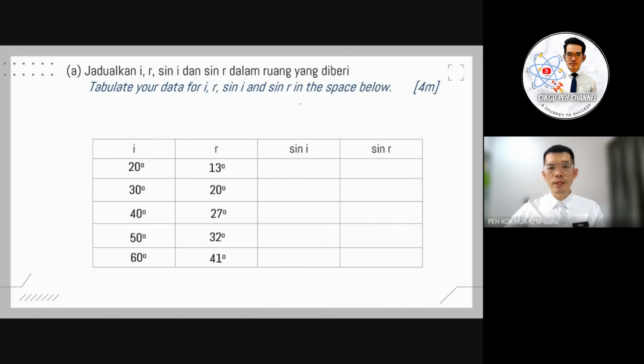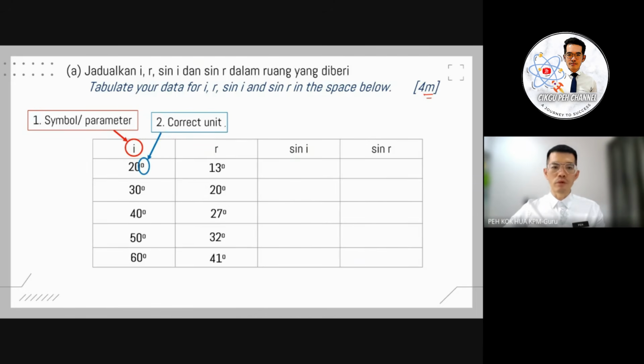For tabulation, there are 4 important tips you need to fulfill to get the full 4 marks here. Firstly, you need to give the symbol or parameter. For example, here will be I, represented as incident angle, R, refracted angle, and the question asks you to calculate what is the value for sin I and sin R.